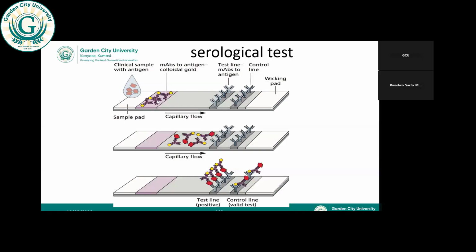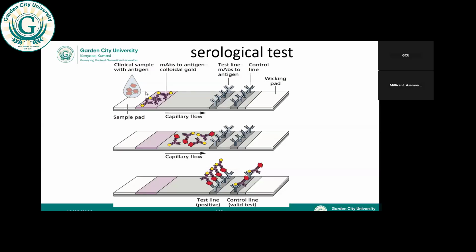manufacturer. So they designed the kit for specific organisms. So let's say this is for coronavirus. They have studied the virus to know the structure, and they design monoclonal antibodies that are able to bind to the antigen, the virus.